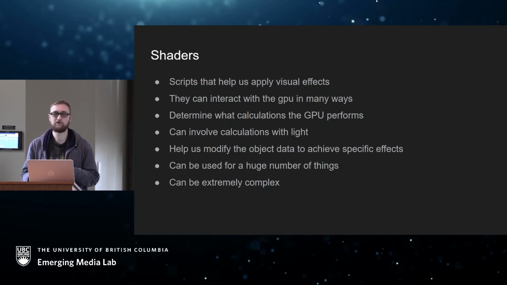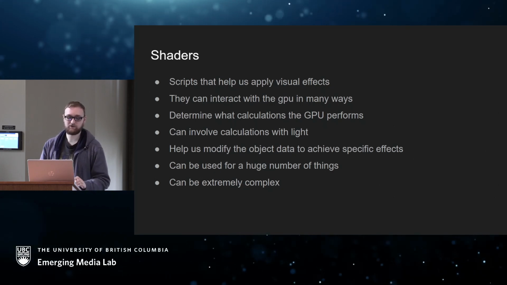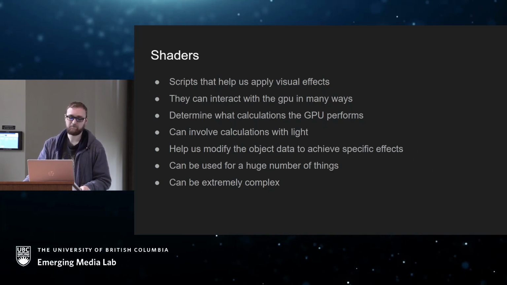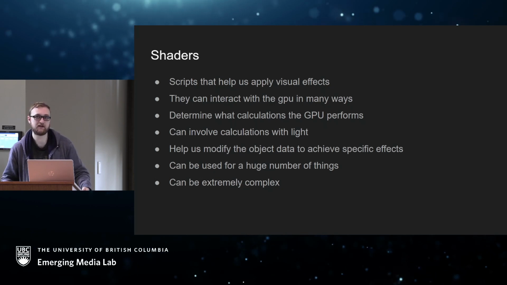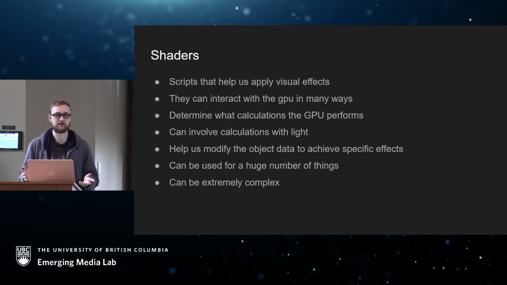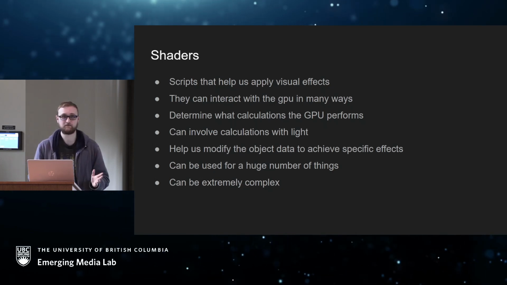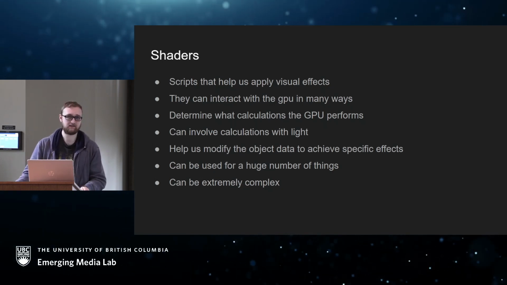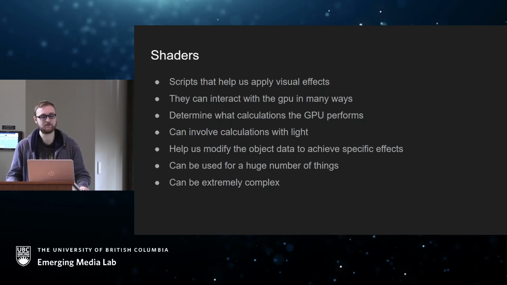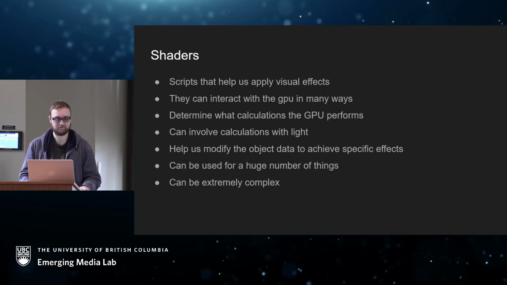Like in code, what code will your GPU run in order to do these calculations? So if you have a really advanced shader, like maybe even the default Unity shader or a ray tracing shader, it's mostly going to be a lot of complex calculations with light, right? Where's the light coming through? What blocks the light? Where does it reflect? And the GPU can help speed this up a lot.